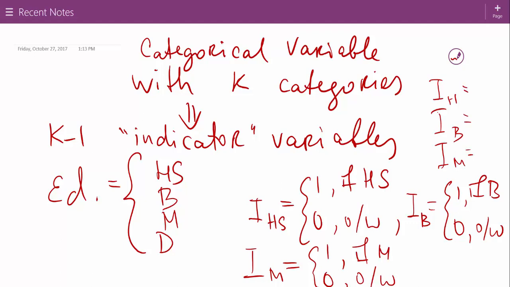So if a person, a client of the bank, has a high school degree, what are the values of my variables? High school, this one is equal to 1, right? And the other two are zeros, right? 0, 0. So this combination 1, 0, 0 represents somebody with high school diploma and nothing else, right?